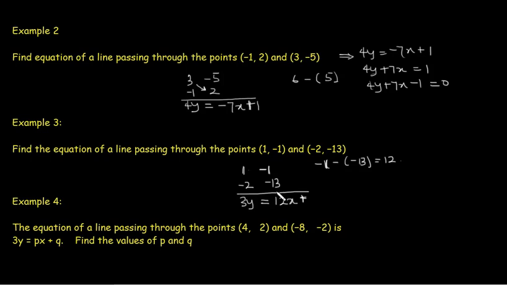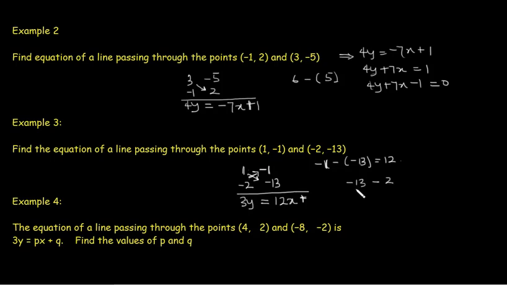Then we find the c by cross multiplying. 1 times -13 is -13, minus 2 times -2 times -1, which is 2.